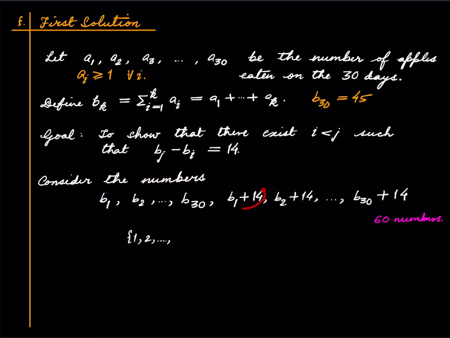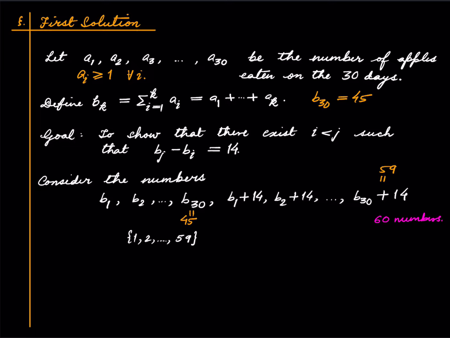And similarly, B1 plus 14 is strictly less than B2 plus 14 and so on. And since B30 is exactly 45, B30 plus 14 is 59. Therefore, each of these numbers is in this range. No number is outside this range.